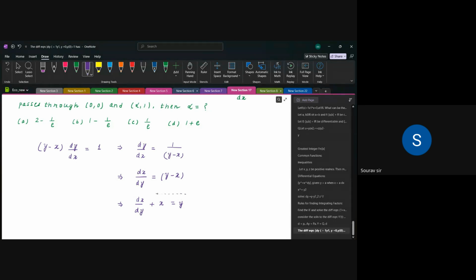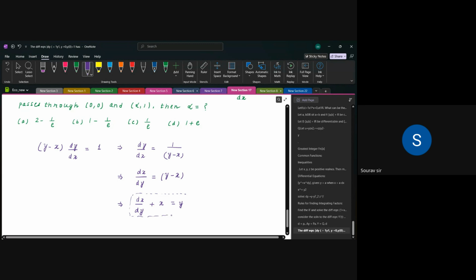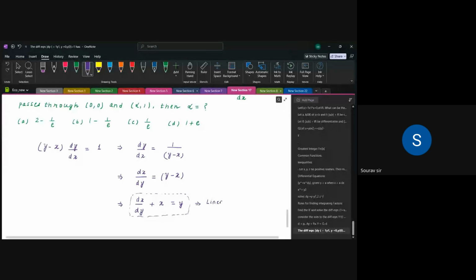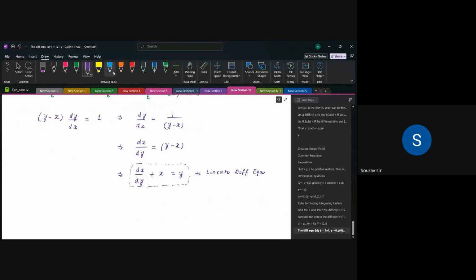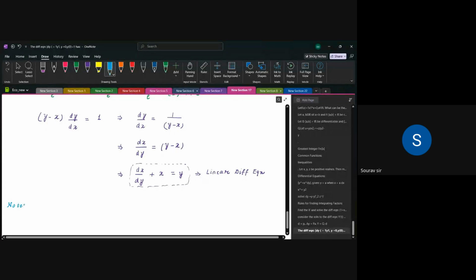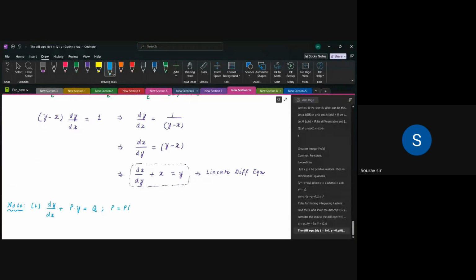So this is looking like a linear differential equation. Correct? If you remember, I'll write it down in case you have forgotten. The linear differential equation can be written in two formats. The first one is dy by dx plus p times y equals q, where p is some function of x and q is also some function of x.